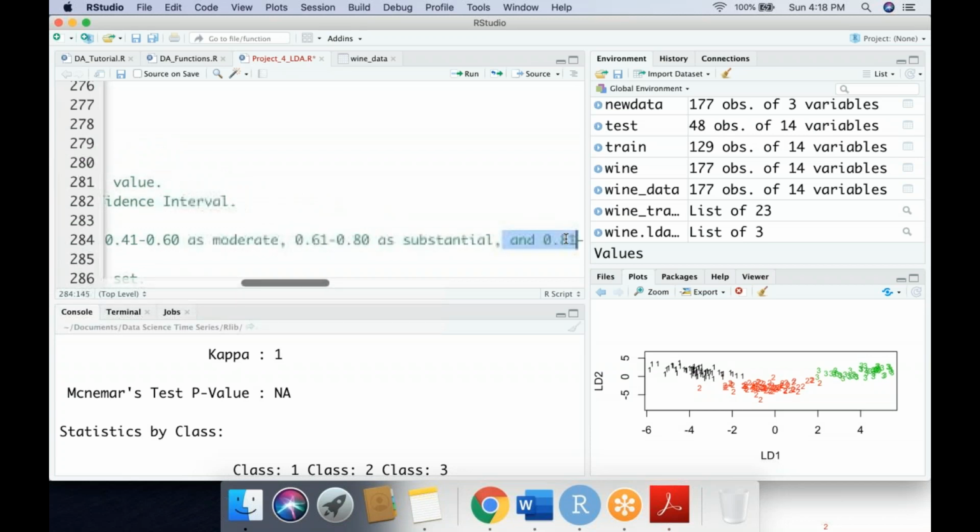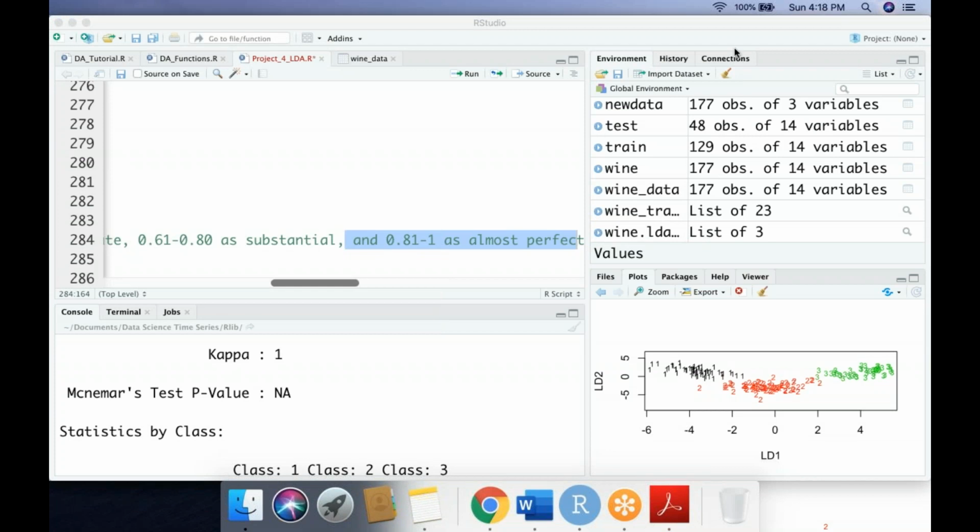And 81 to 100% is almost perfect. Usually in industry we take it above 85% agreement, and if it is above 90%, it's what we call a perfect agreement. So I hope you understood the concept of kappa also.